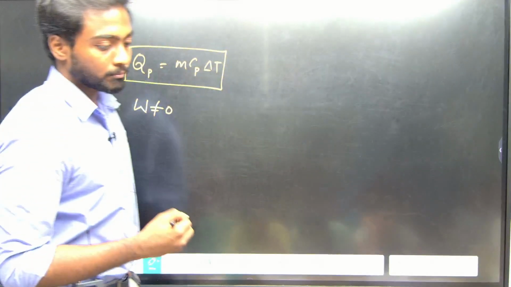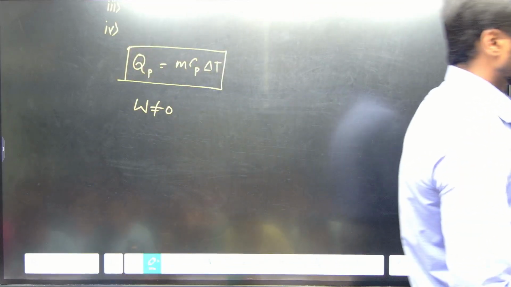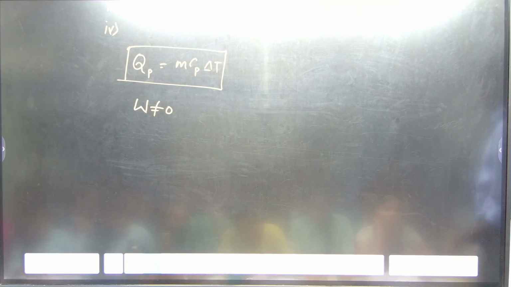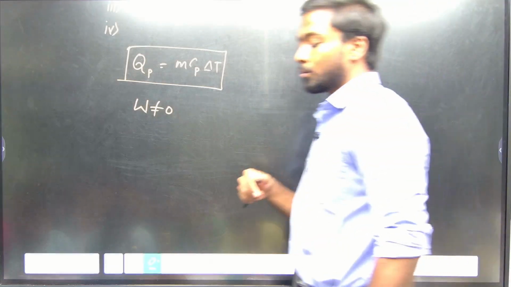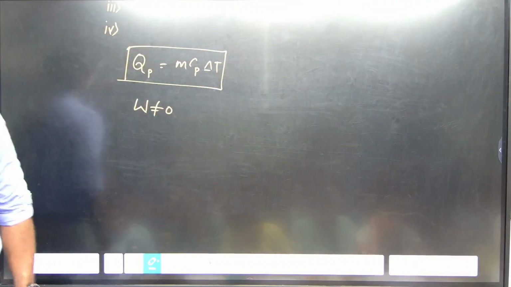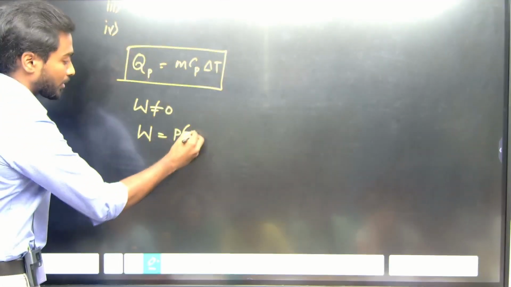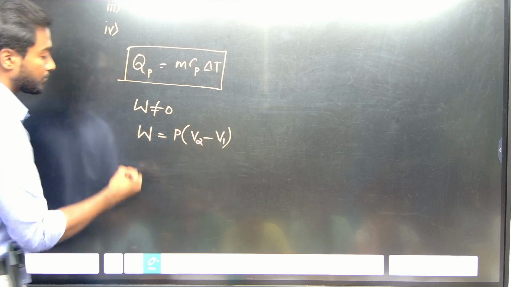It will not be equal to 0. Then what will be the formula for work done in terms of pressure and volume? W will be equal to P times V2 minus V1.